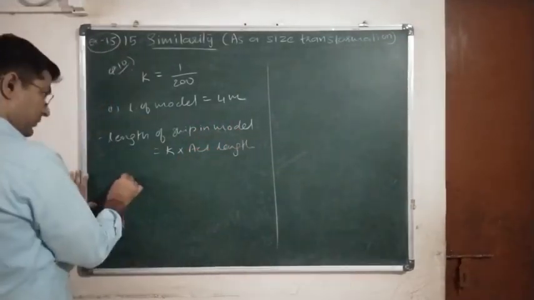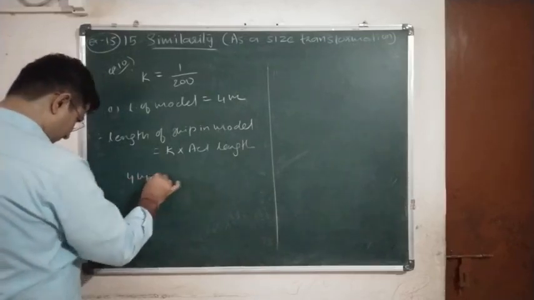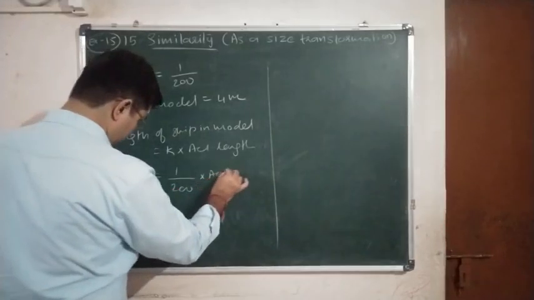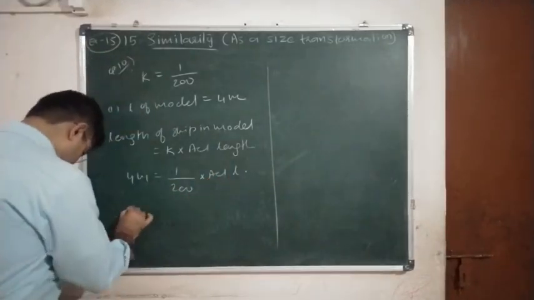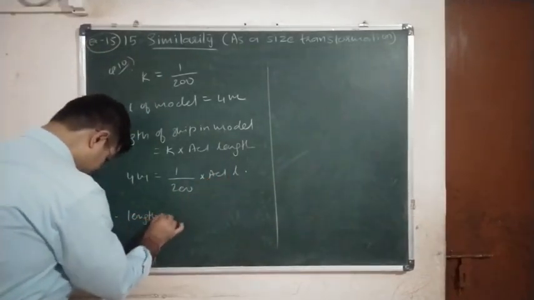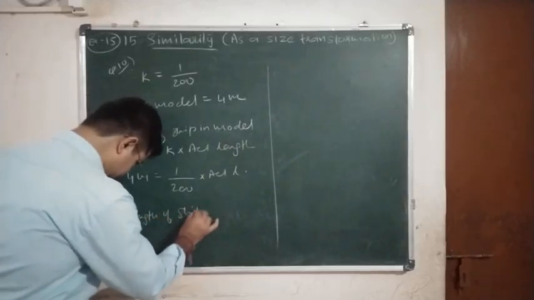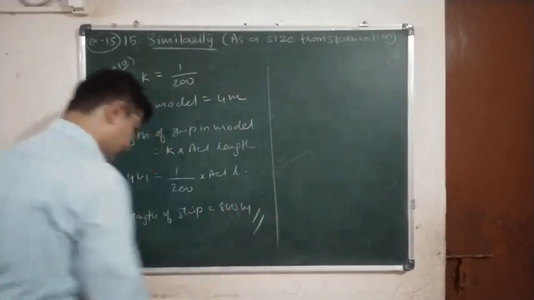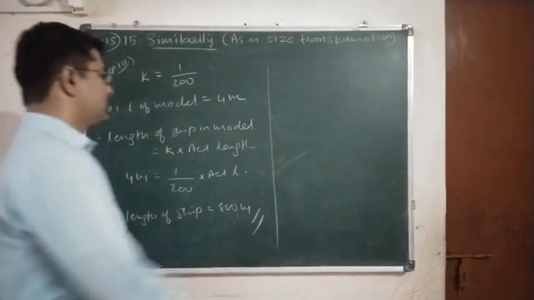Okay, so length in model is 4 meter is equals to K is 1 upon 200 into actual length, and therefore length of ship 800 meters. Clear? So this is the first answer.